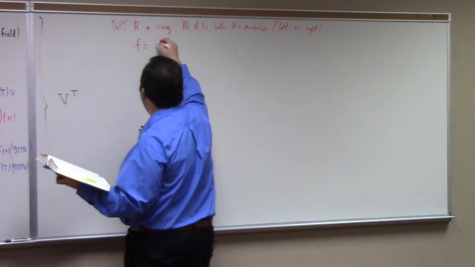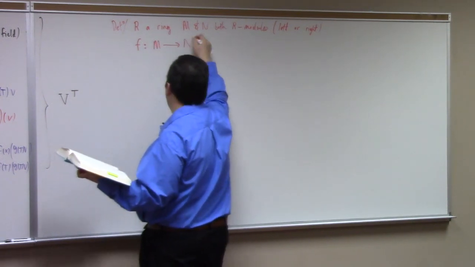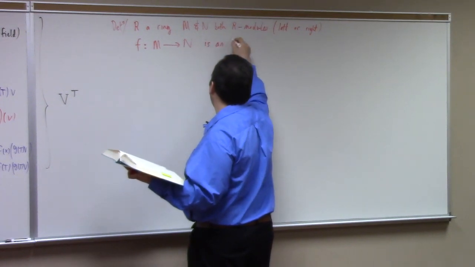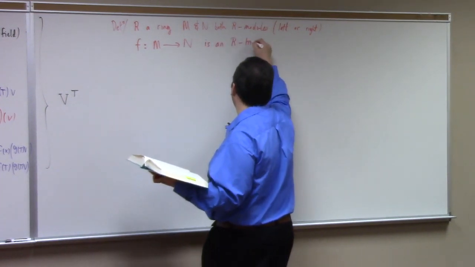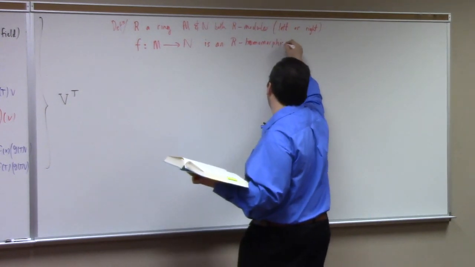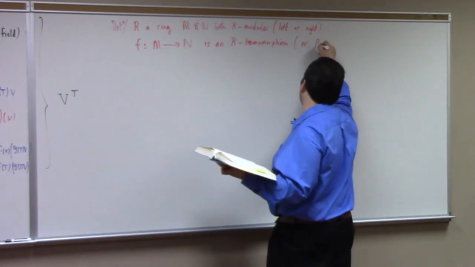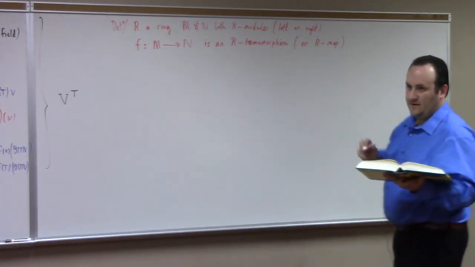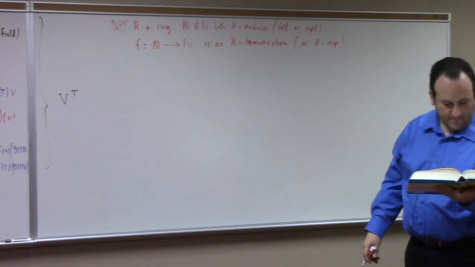Then f, a mapping from M to N, is an R homomorphism or R map. Aha. So here, K map being defined actually. If what?